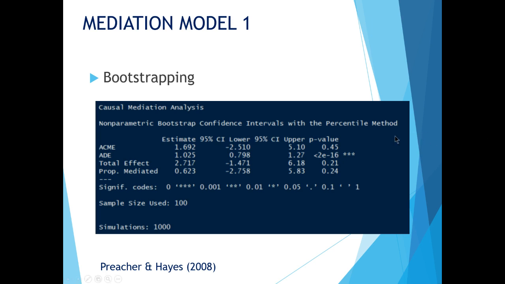So when looking at this, we can see that here our ACME is not significant, but our direct effect is significant. So some actually suggest bootstrapping over the Sobel test, coming again from that Preacher and Hayes article, because it has a higher power while maintaining control over type 1 error rates.